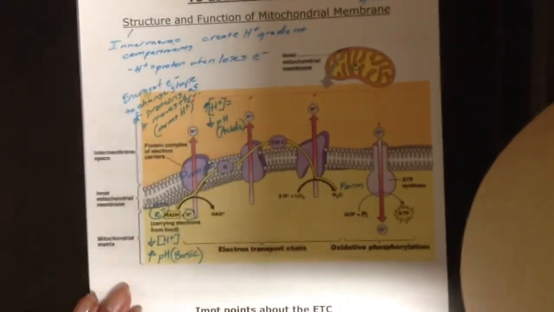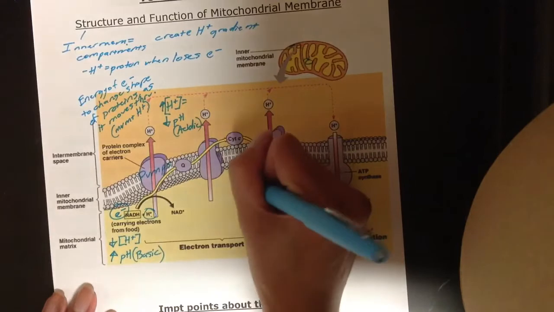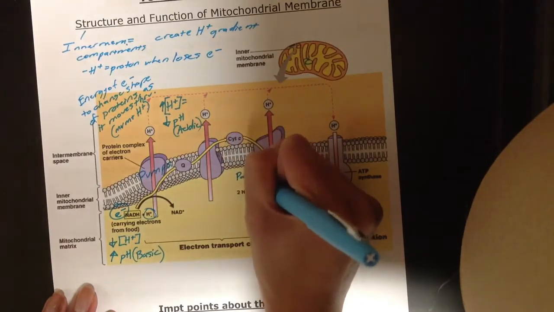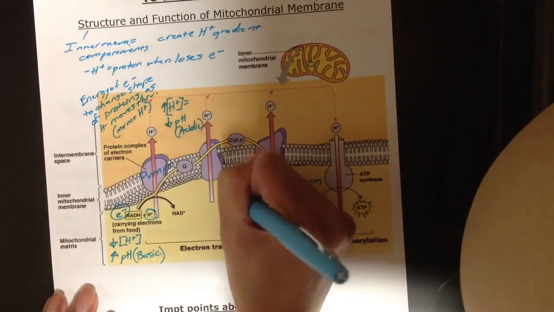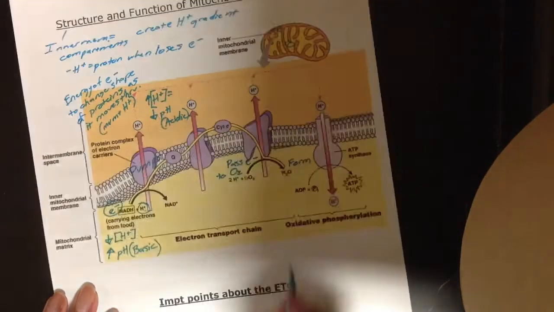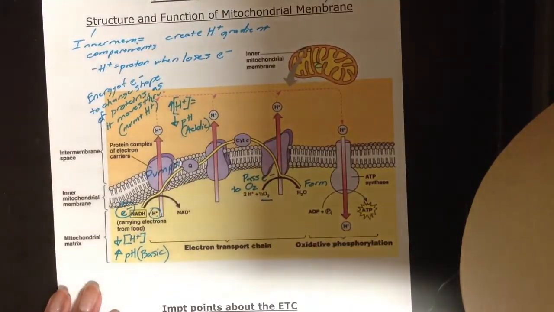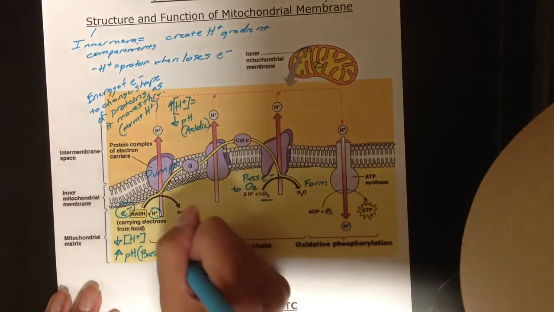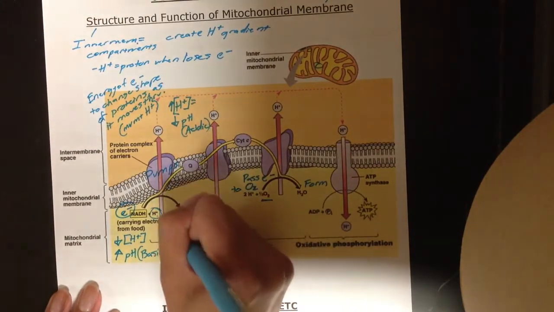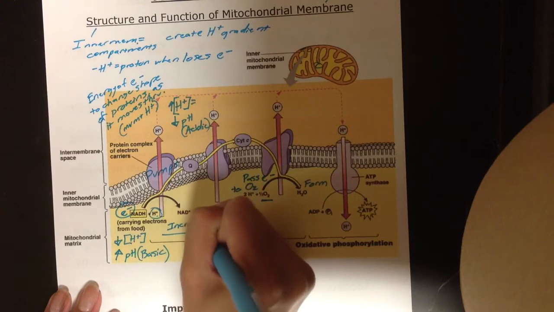Then from there, we're going to continue to pass on electrons, and they're actually being passed to the oxygen that's waiting right here. Highly electronegative atom.